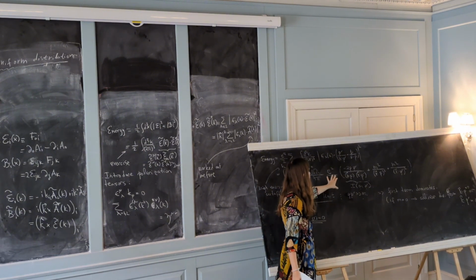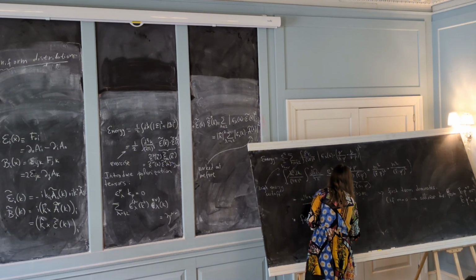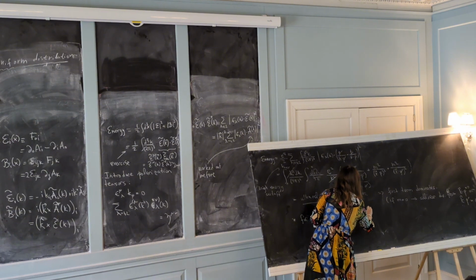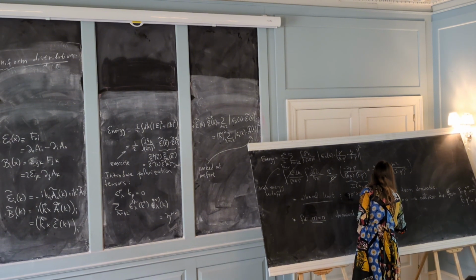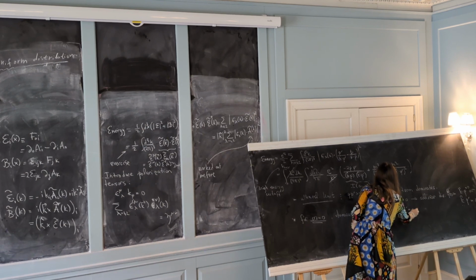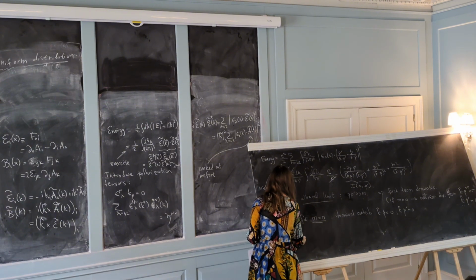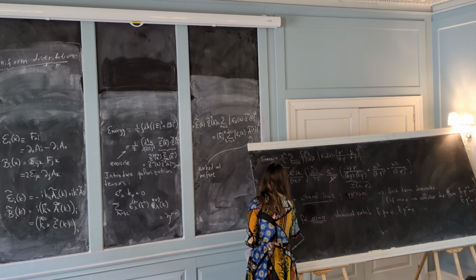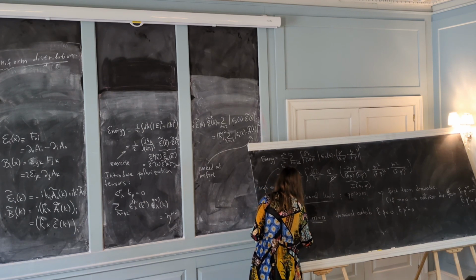In that case, the dominant contribution to the integral is going to come from when k dot p is 0 and k dot p prime is 0. And in fact, this corresponds to radiation of this sort.